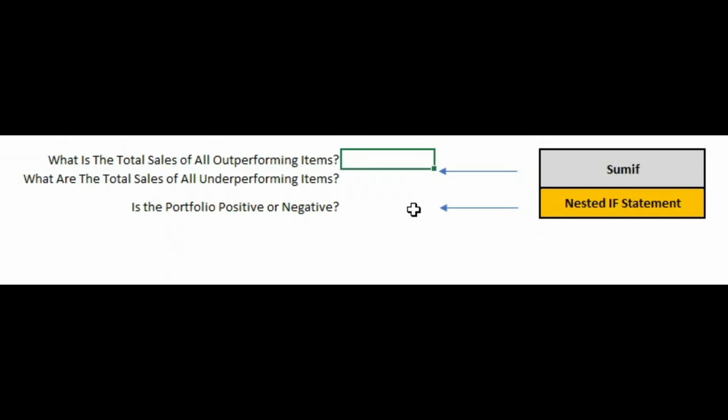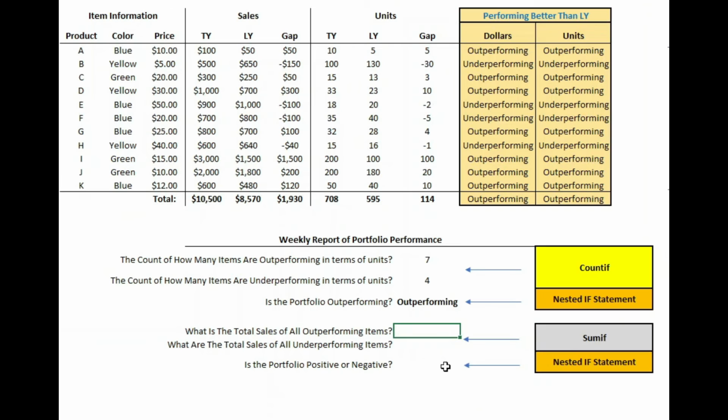Another IF statement is a SUMIF. And a SUMIF is like a COUNTIF, except it adds one more criteria, which allows you to sum. So in our example above, inside of our table of products, we're going to actually sum the dollars as our outcome instead of just counting.